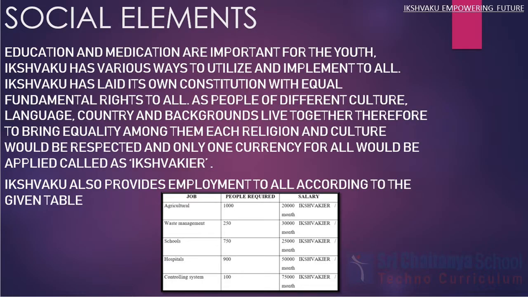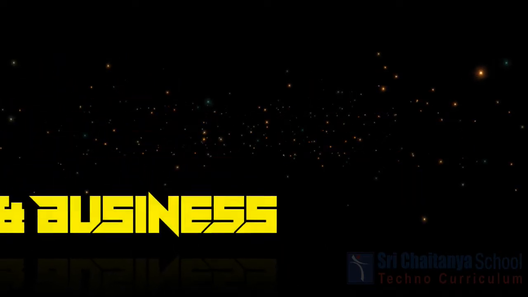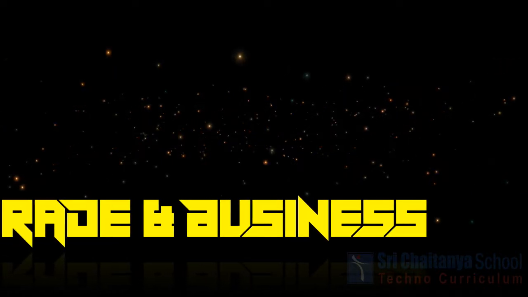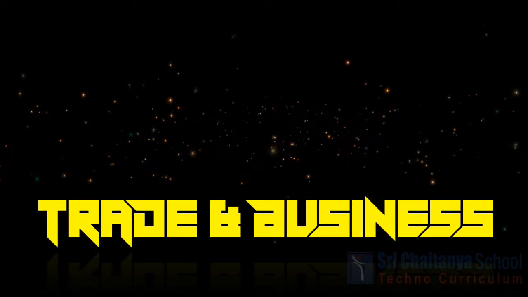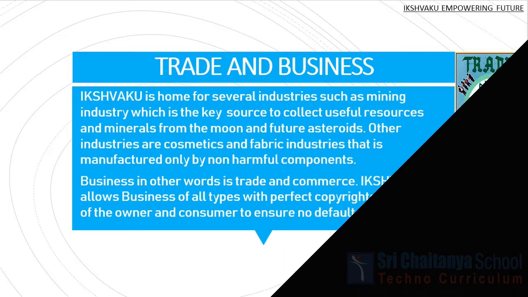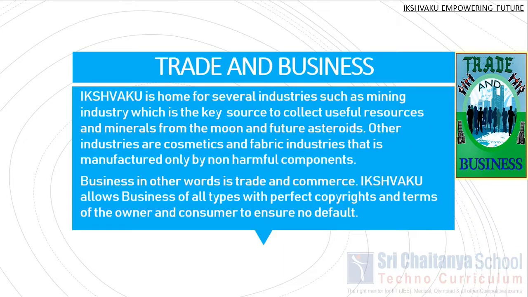The main feature under social elements is the employment provided to each and every one by Ikshvaku. Next is the trade and business. Ikshvaku is home for several industries such as the mining industry, and business also works here.